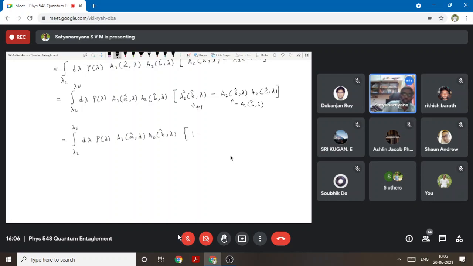That is because of the state, due to the singlet state. So this is something which you should remember. That means this will be plus A1 of B cap lambda into A2 of C cap lambda.